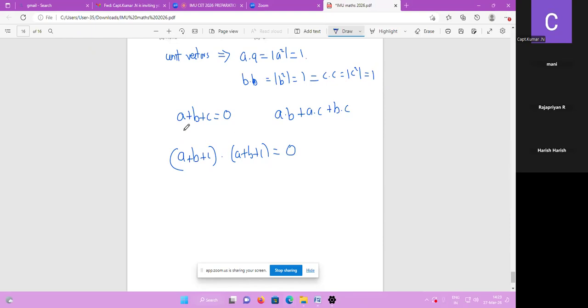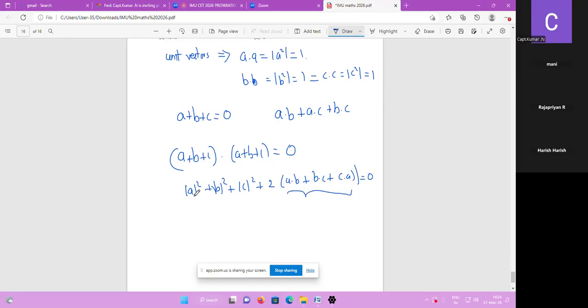Okay, obviously we're multiplying both sides by A plus B plus C. So this is 0. Now this becomes, you know the formula, A square, B square, C square plus 2 times A dot B, B dot C, C dot A, which you actually want.